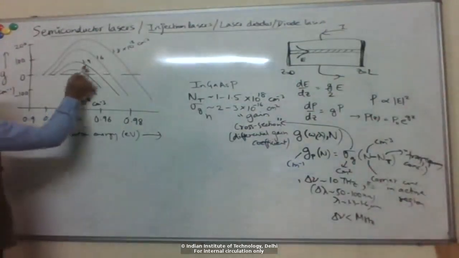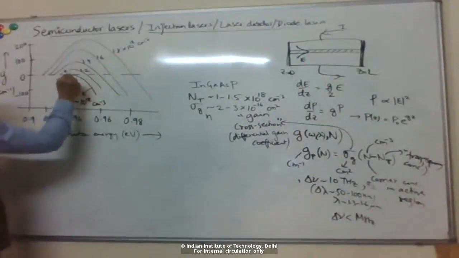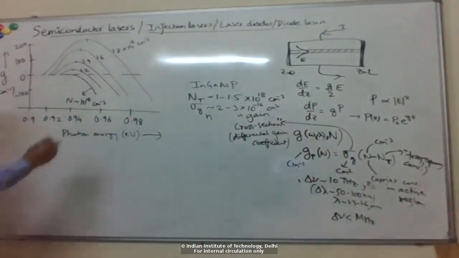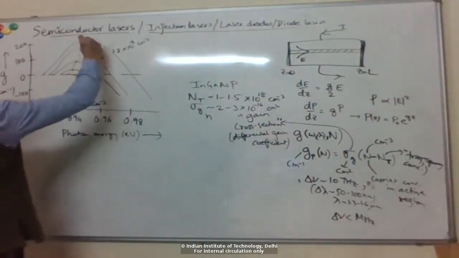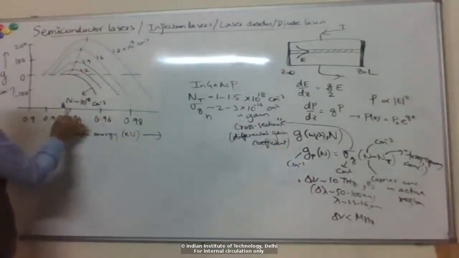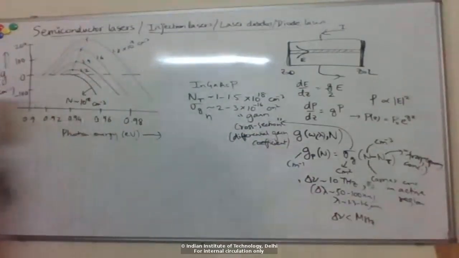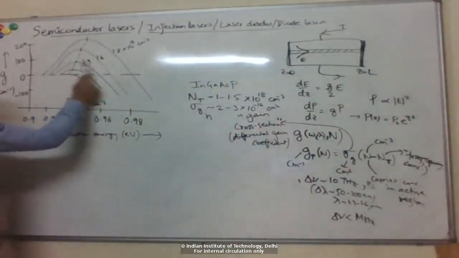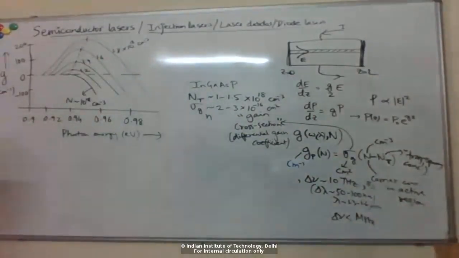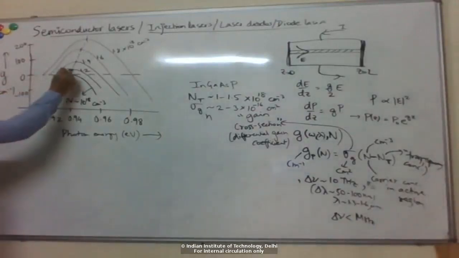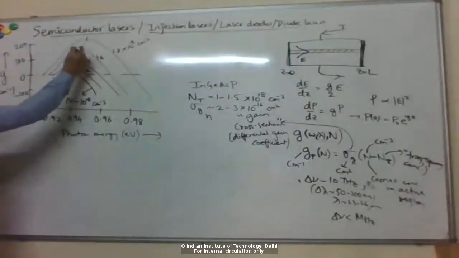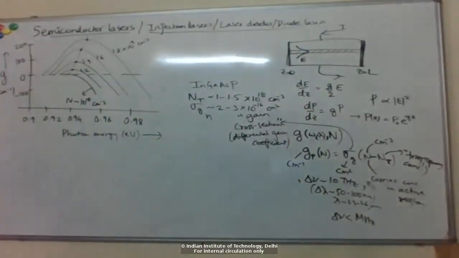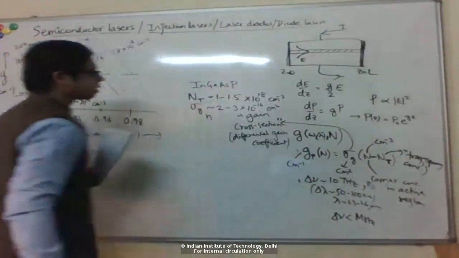As I increase the current, the peak gain value is increasing, of course, and this peak gain is also shifting towards shorter wavelengths, or higher frequencies. Also, the gain bandwidth is increasing with increasing current. If I just take the peak for each curve, that gives me this peak gain value GP.